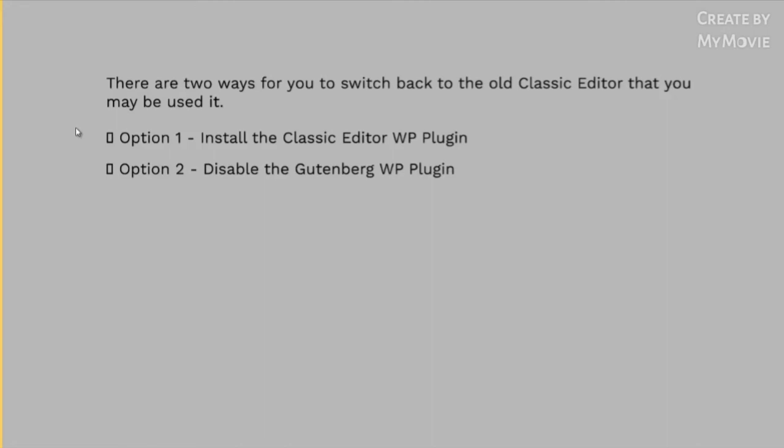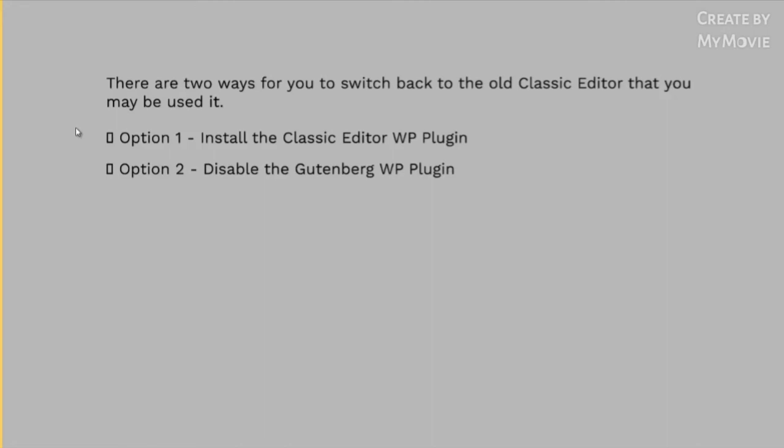But nowadays, from now on, all of the WordPress updates include the Gutenberg editor built into it. So if that's the case, you will need to use option 1. Option 2 is very obvious. If somebody installed the Gutenberg WordPress plugin, they would simply need to disable it.